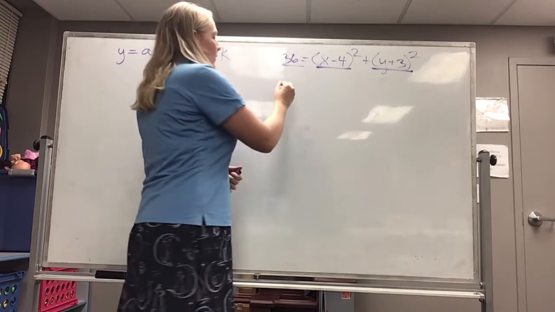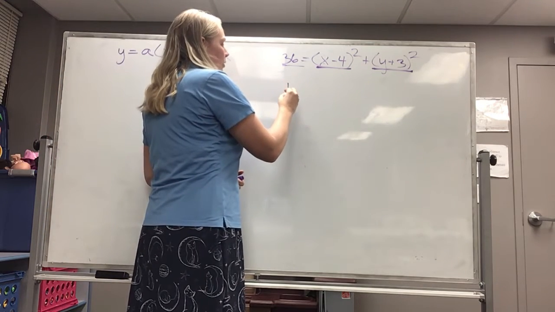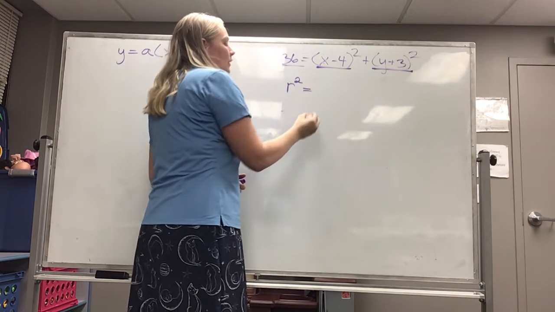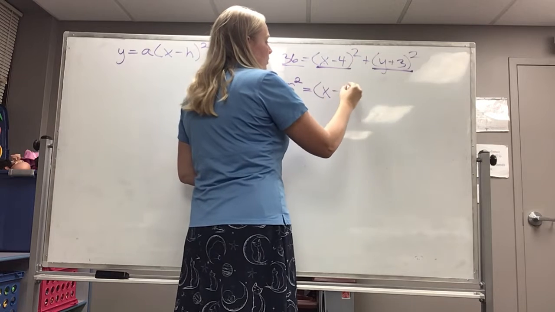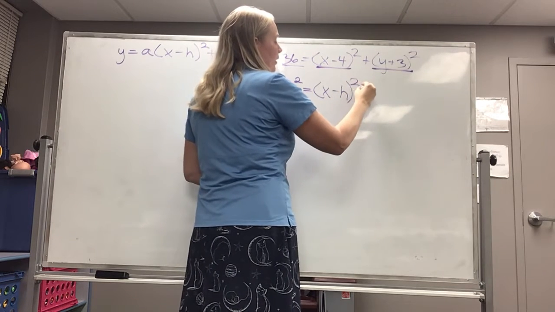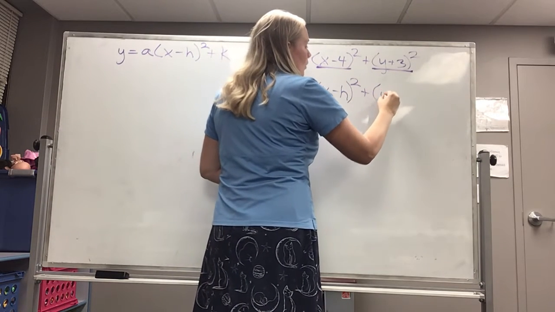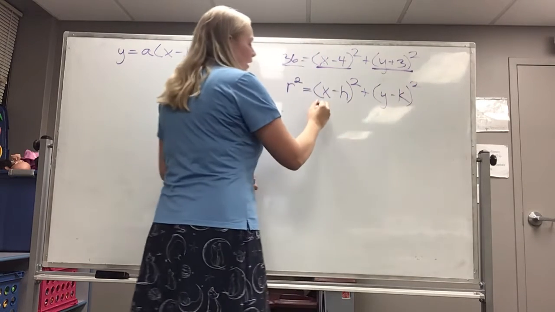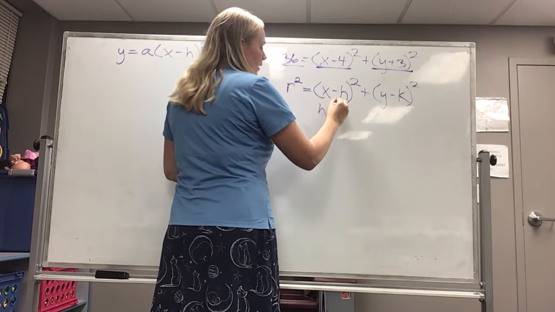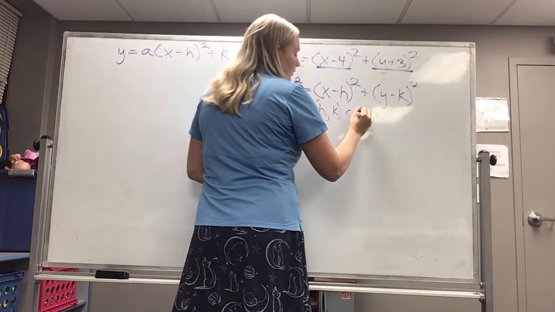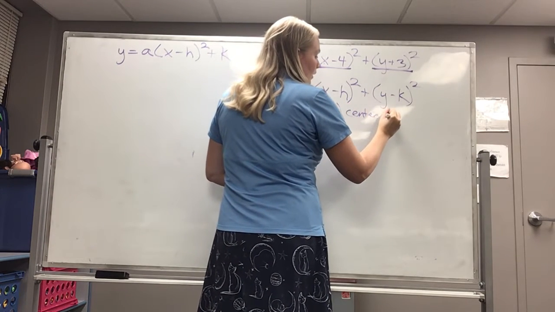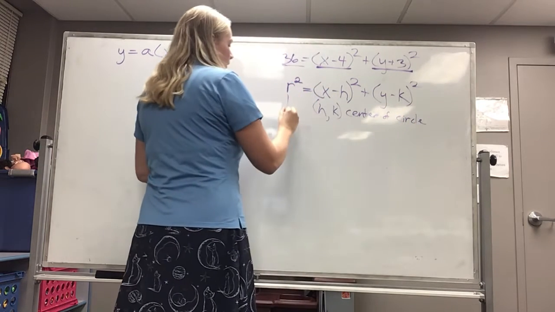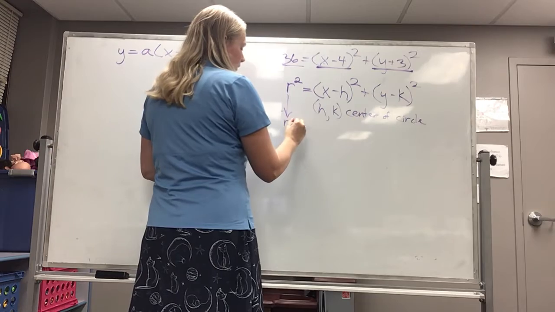And so the general formula for a circle says that r squared equals (x minus h) squared plus (y minus k) squared, where h and k are the center of the circle, and r is the radius.